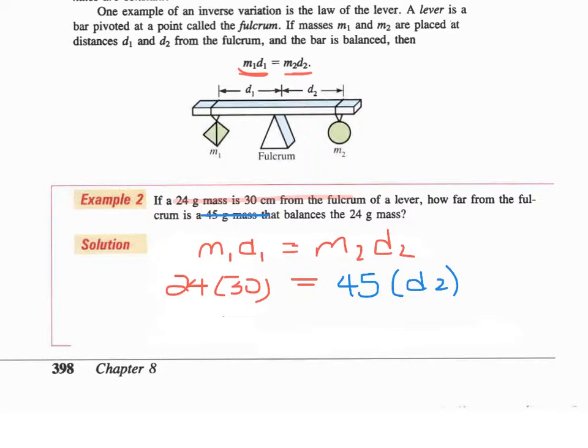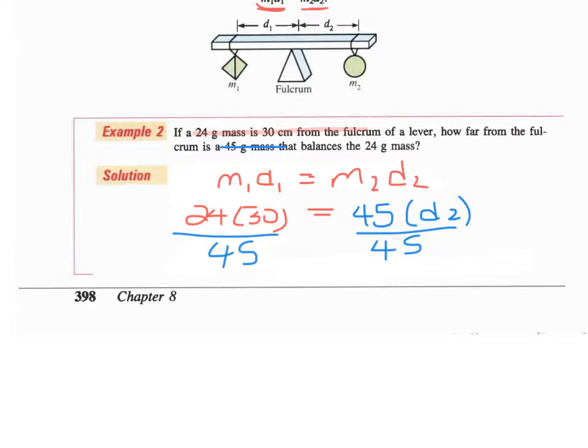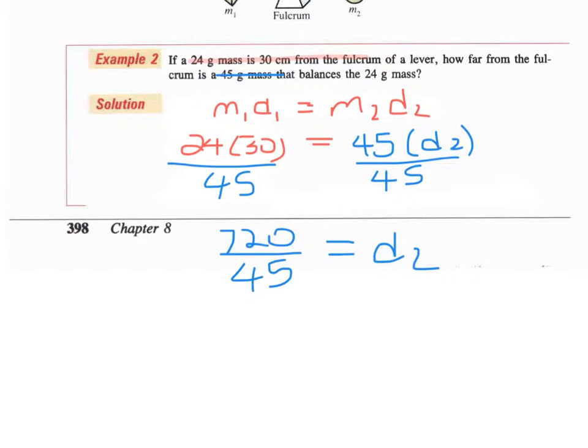And again, D2 is my variable. So to solve, you multiply these two and then divide by 45. When I multiply 24 and 30, I get 720. And now I have to divide to get that distance. So 720 divided by 45 will be 16.